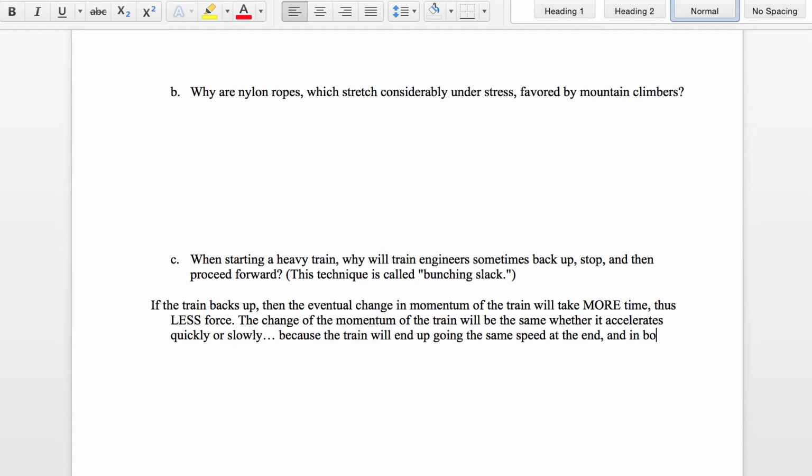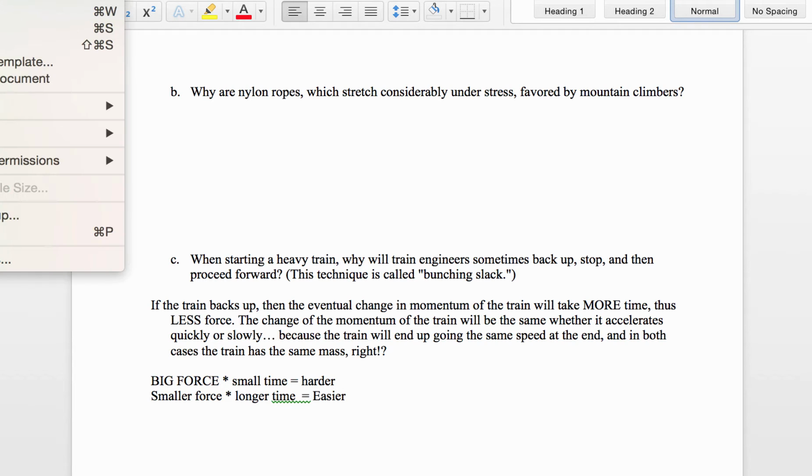And in both cases, the train has the same mass, right? Yeah. So, do you want a big force right away, small time, or do you want a smaller force over a longer time? This is easier. This is harder. And why make life hard?